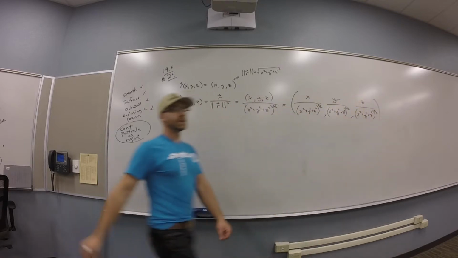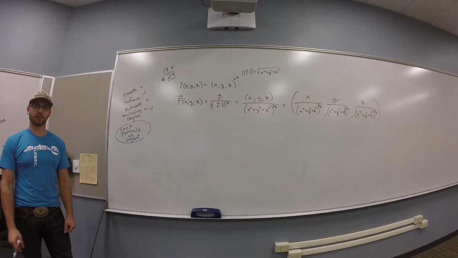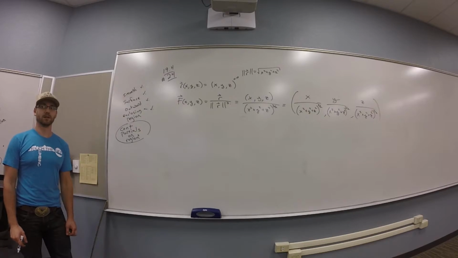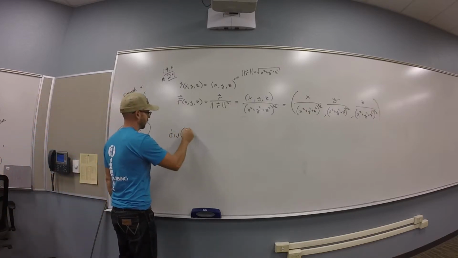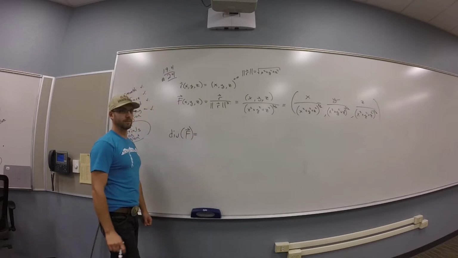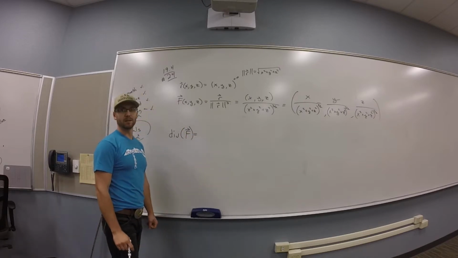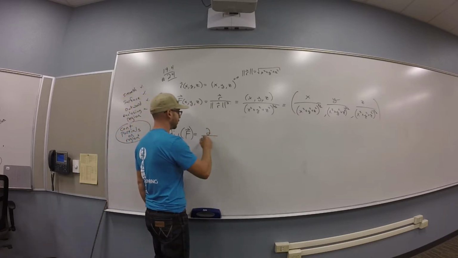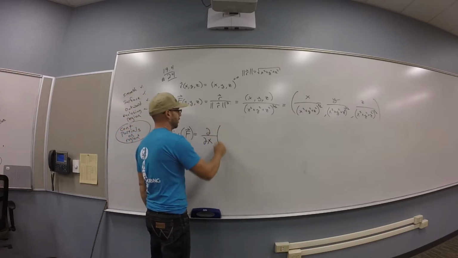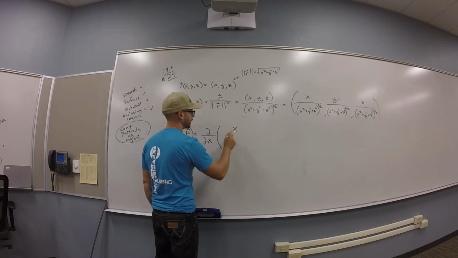Okay, now I would like to calculate the divergence of this thing. Yeah, nasty thing, right? So I need the partial with respect to x of x.